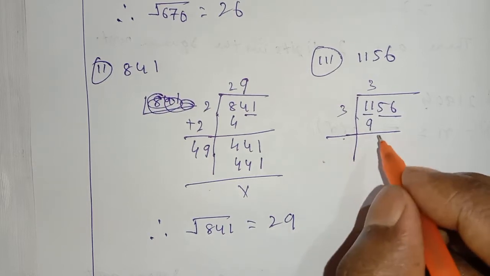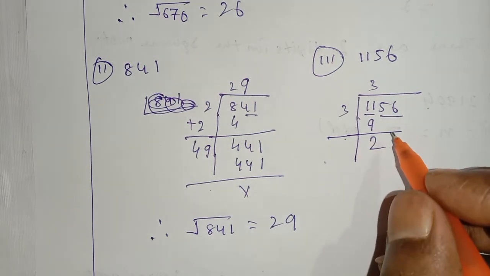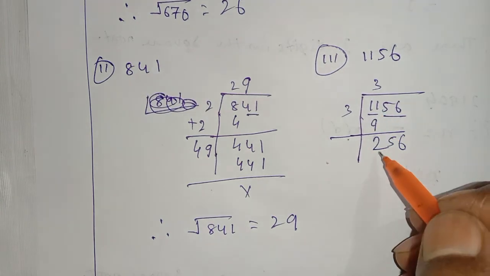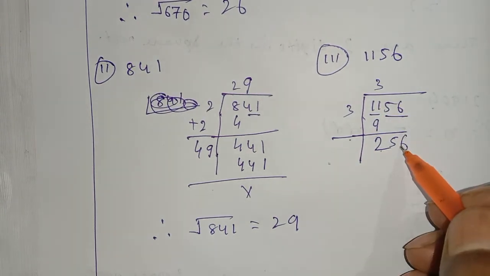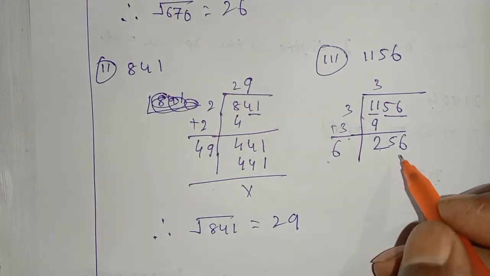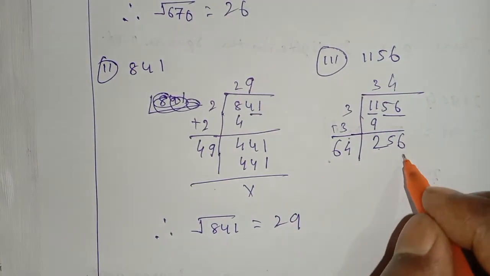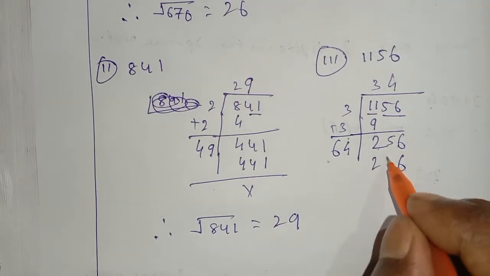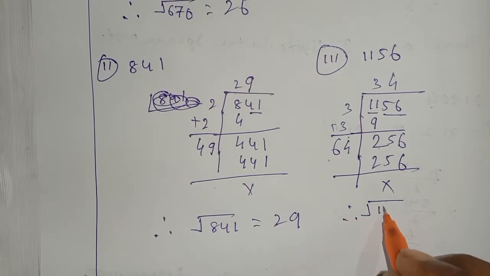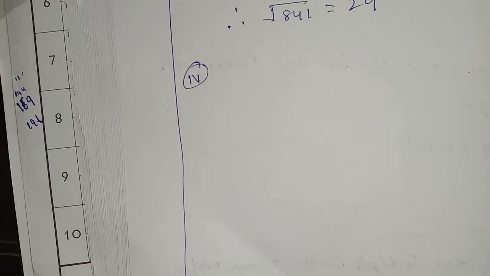Now 11 minus 9 is 2, and the next two digits, 56, come down. Now this 3 is added again, giving 6. Now what number will be put? If we put 4, 4 4 is 16, carry 1, 4 4 is 24 and 1 is 25, so it cancels. Therefore the square root of 1156 equals 34. Understood? Next, number 4.